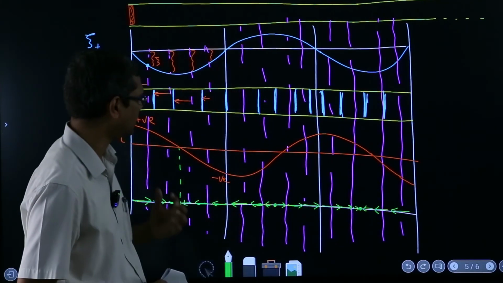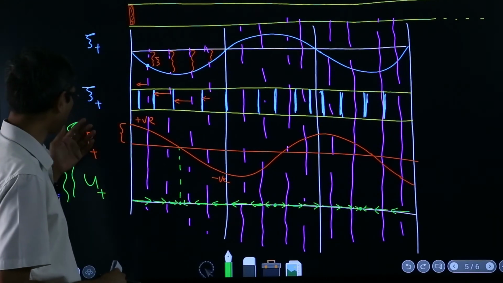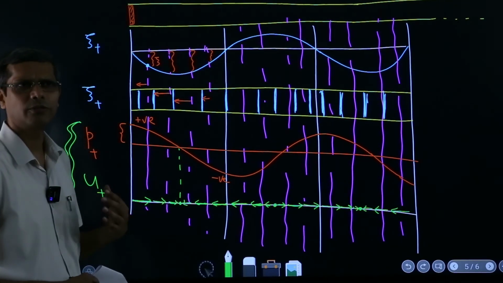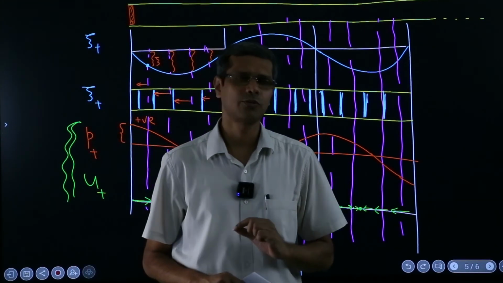Okay, the intensity, not only the pressure but the intensity. When we multiply pressure times the velocity, we will discuss about them. So that is the parameter which will be of importance.